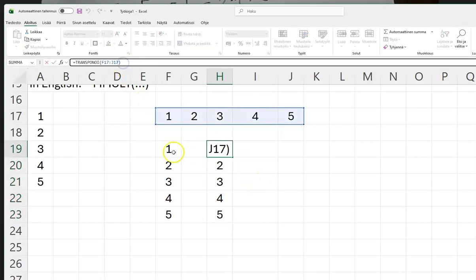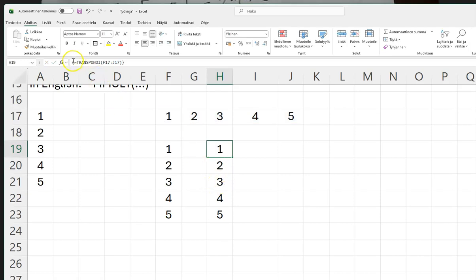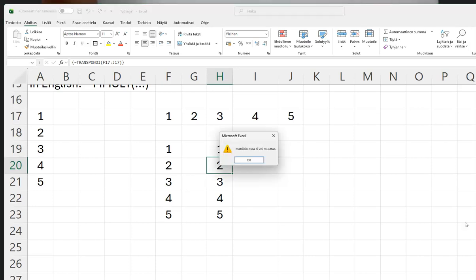By the way, from the formula row you can see we have those different kind of brackets that tell us that this is a matrix command. I'm not sure how this newer version of Excel behaves. I tried to delete some numbers from here.